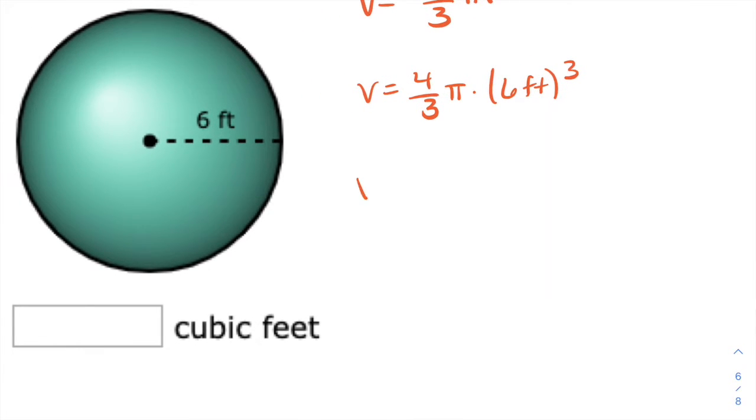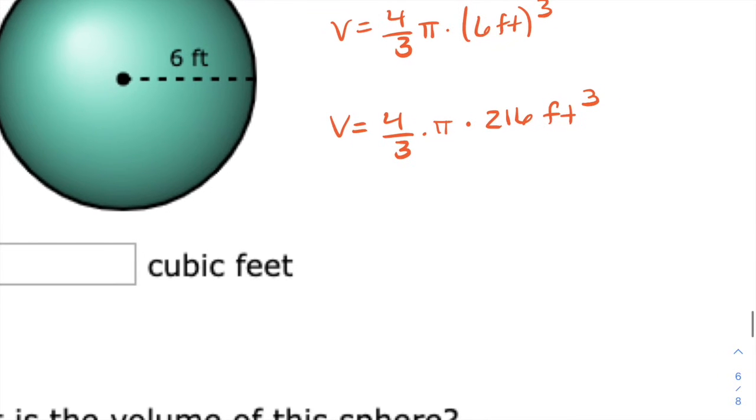Okay, so volume is equal to 4/3 times pi times 6 times 6 is 36 times 6 is 216. Feet times feet times feet is feet cubed. So we'll be dealing with cubic units of measure.